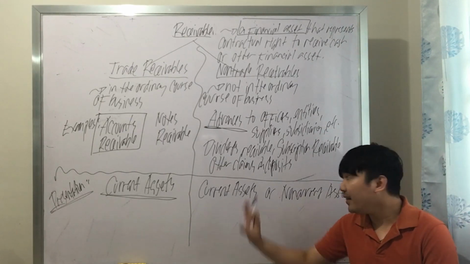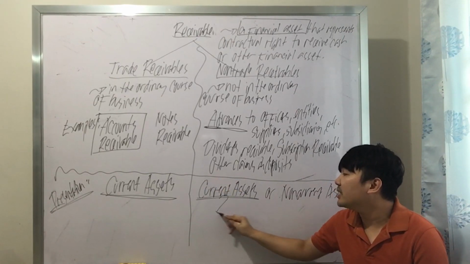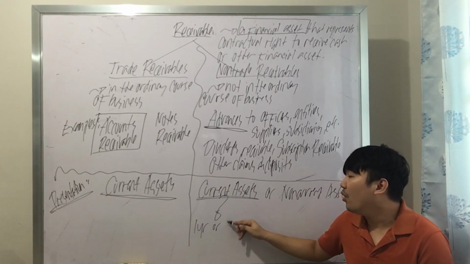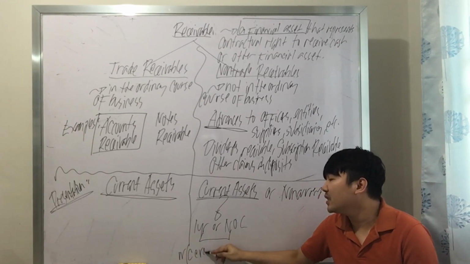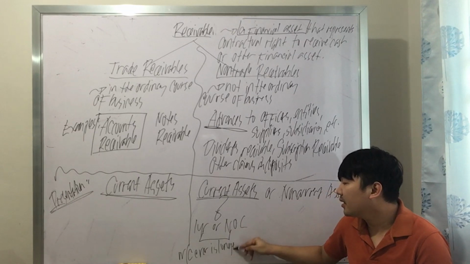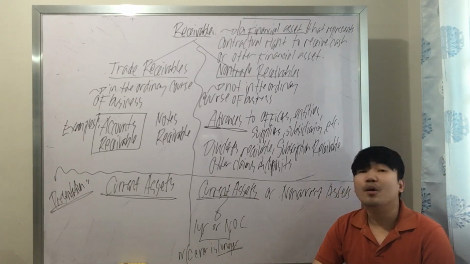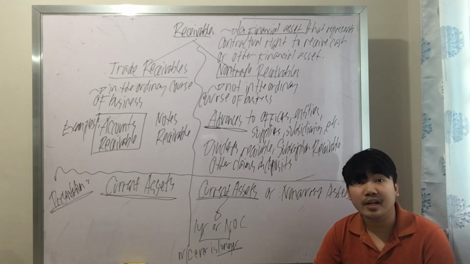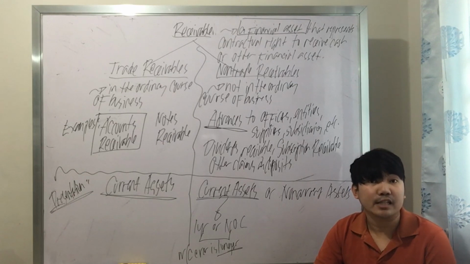So kapag current assets yan, 1 year or normal operating cycle, whichever is longer. There are companies kasi, class, that have a normal operating cycle of more than a year. So, that is still part of your current classification.